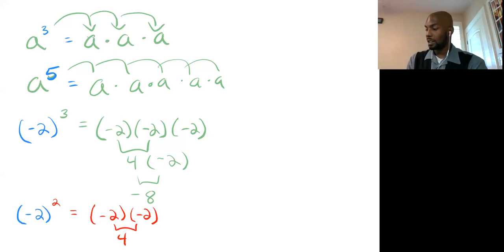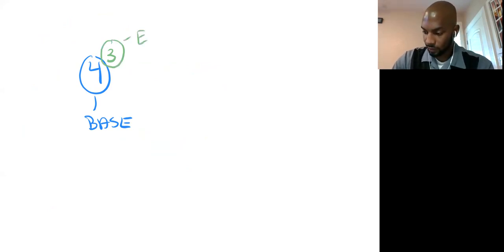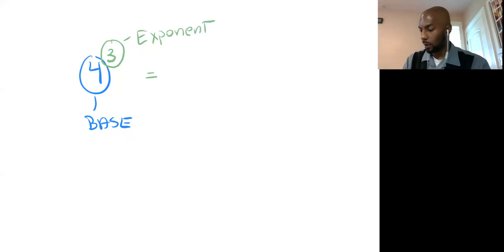Finally, let's talk about terminology. In an exponent, the large number is called the base, and the exponent is called, well, the exponent. The answer to the exponent question is called a power.